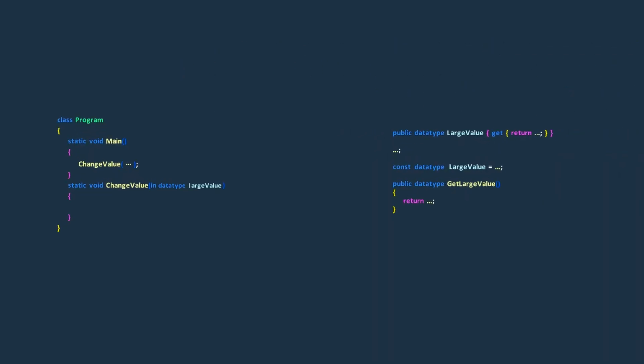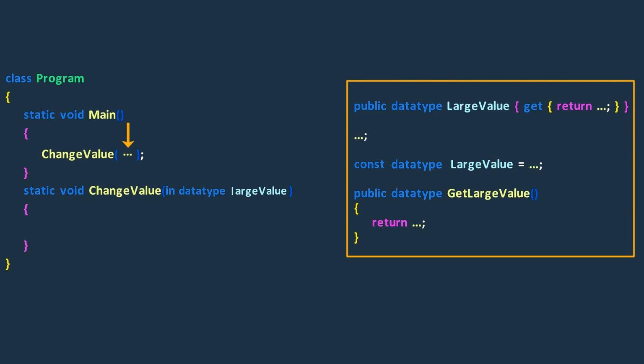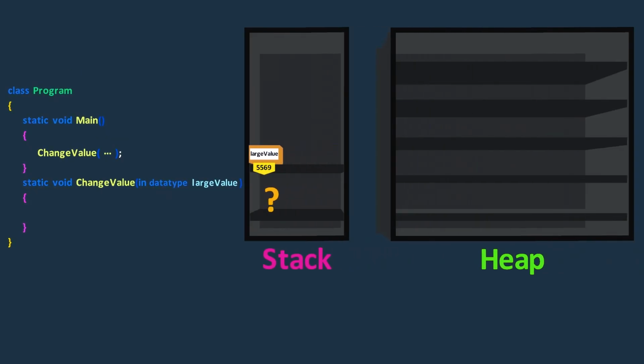With that in mind, let's consider a scenario where the argument is not a variable, but a value such as a constant, literal value, or a value returned from a property accessor or method. Since these values do not have a memory location that can be directly referred to, the compiler creates a new temporary read-only variable and passes it by read-only reference to the method.